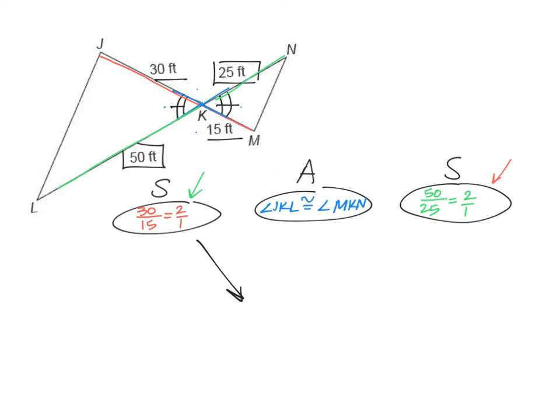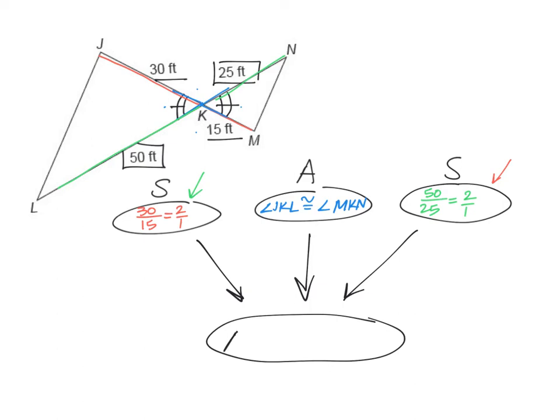Now that I have the 3 things I need to prove the triangles similar, I can write my triangle similarity statement. Now I can start at any letter that I choose. So let's say I'm going to start at letter L. If I say triangle LKJ, I've gone from the long side to that shared angle to the shorter side.